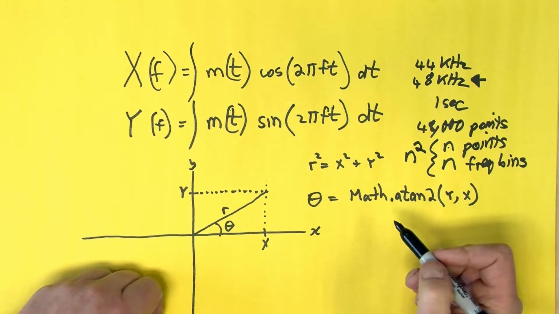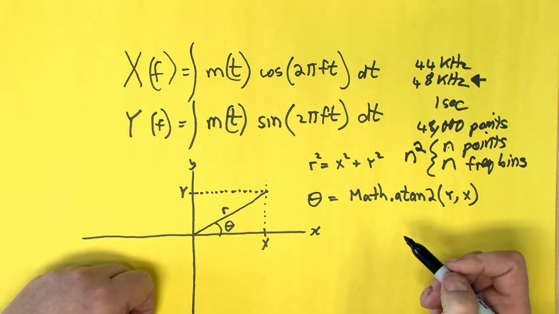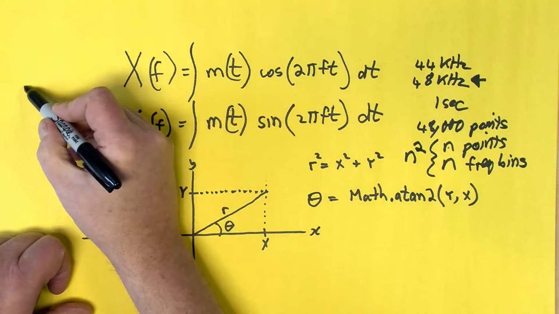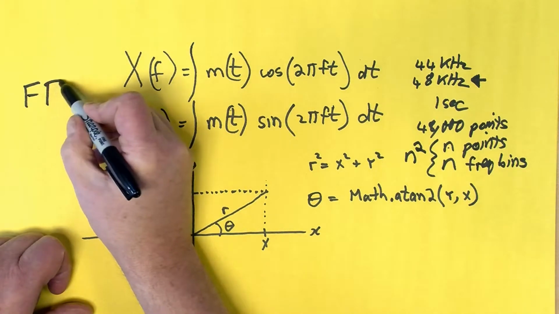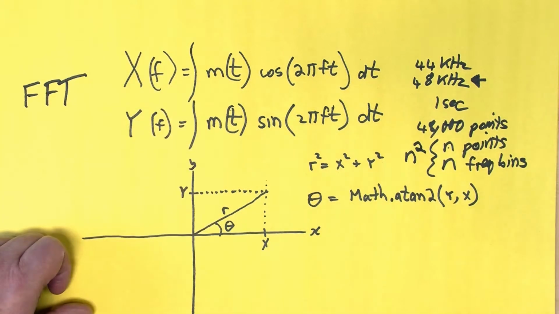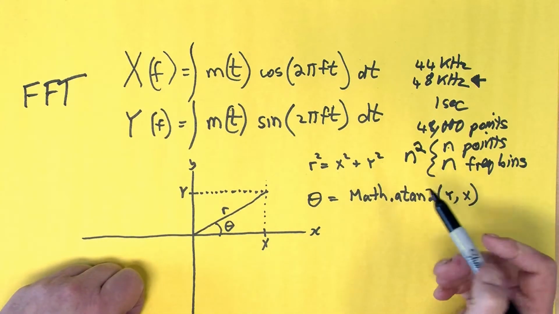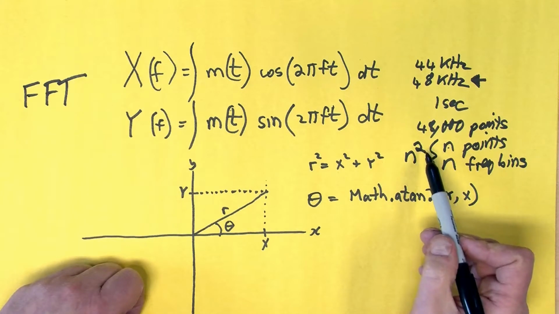And that's, in fact, the whole idea behind what's known as the fast Fourier transform, the FFT, and it can actually minimize the number of calculations to being a lot less than n squared.